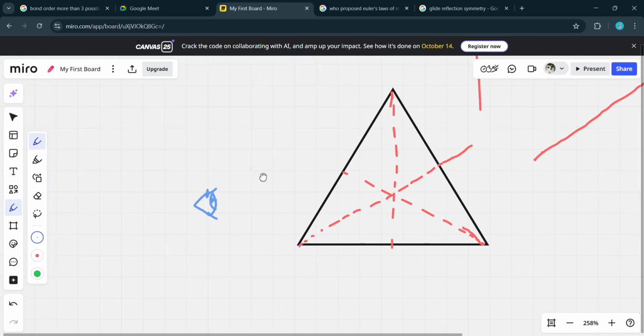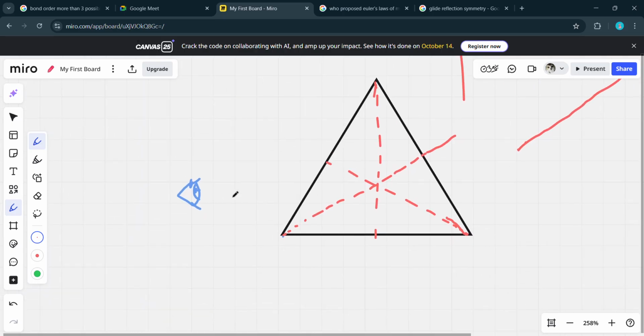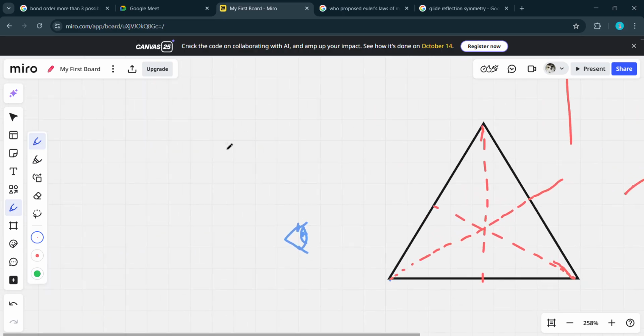Now, if you are taught a little bit of geometry, or if it is taught in your fifth standard, you will see that around a point it is always 360 degrees.